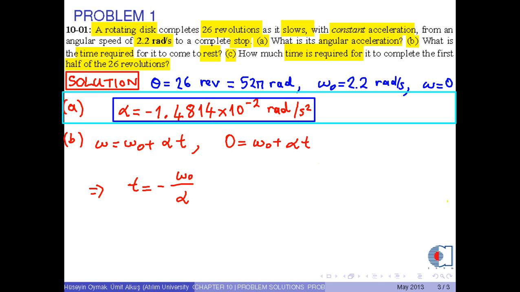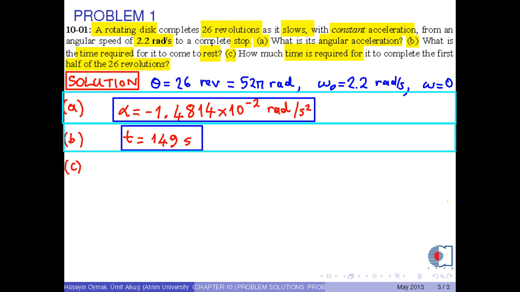Here, we use the given value for the initial angular speed, which is 2.2 radians per second, and we use the result in part A for the angular acceleration as minus 1.4814 times 10 to the power minus 2 radians per second squared. Finally, we obtain the time required for the rotating disk to come to rest as approximately 149 seconds.